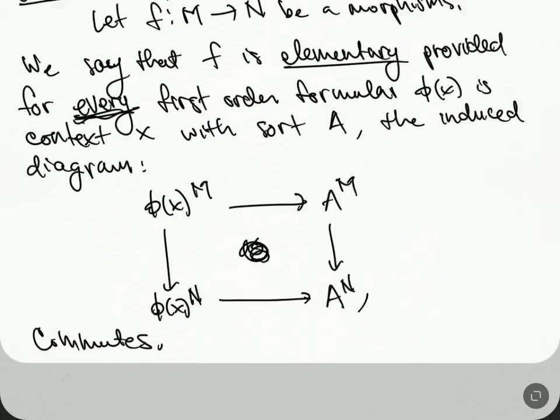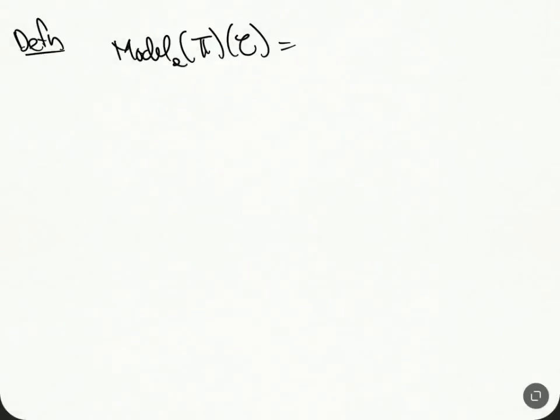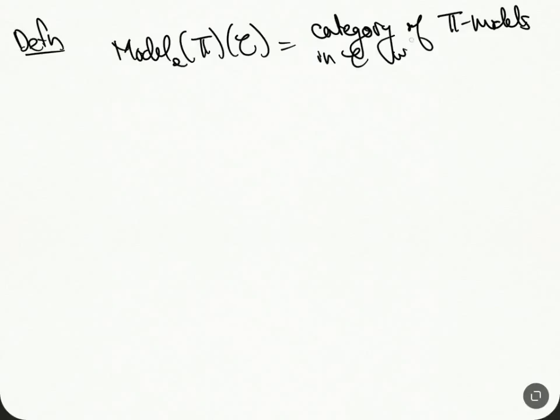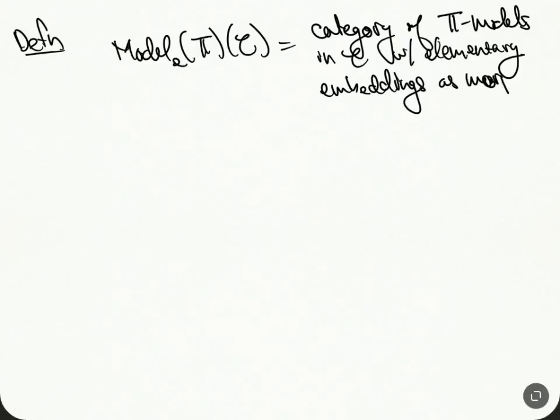And so, definition, maybe a notation: Model with a subscript E of T with values in C. So this is going to be the category of T models in C with elementary morphisms, elementary embeddings, as morphisms. So this is an important thing.